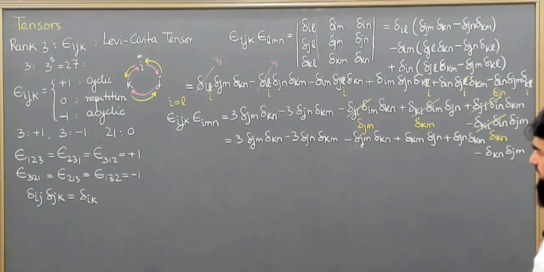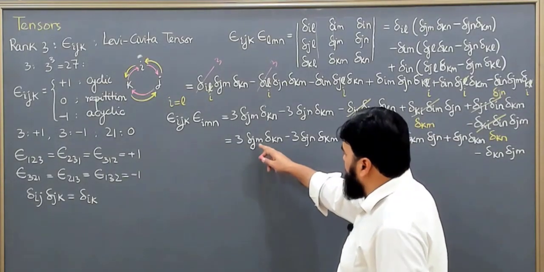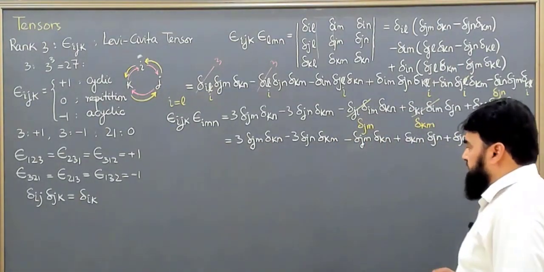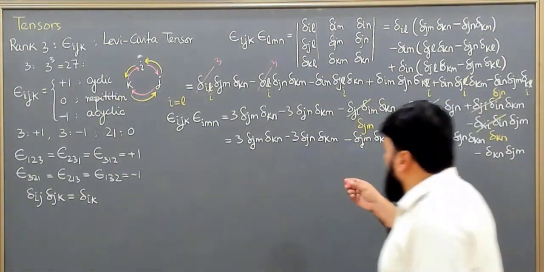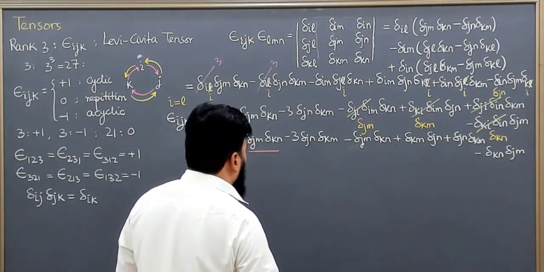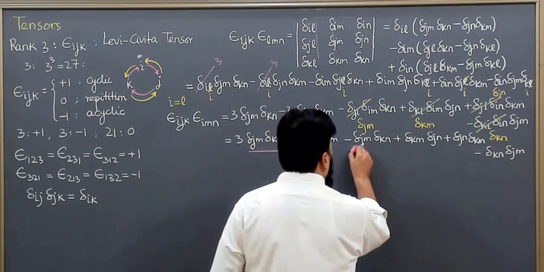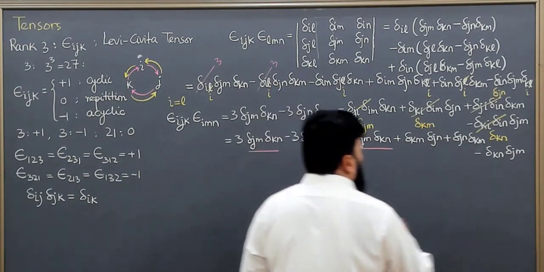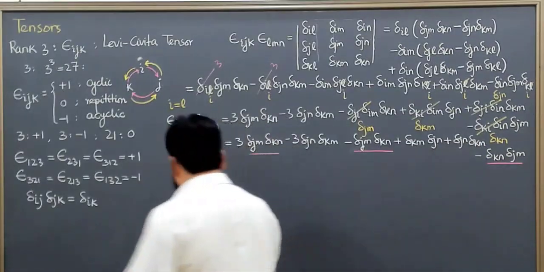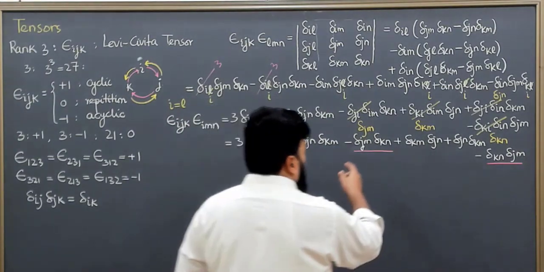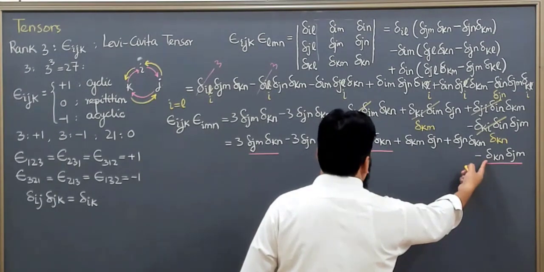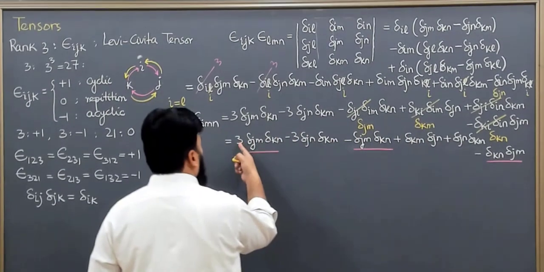Now if we look here, it doesn't matter whether Jm is earlier and Kn later, or Kn earlier and Jm later. If I look at Jm and Kn, there is Jm and Kn here and Jm Kn here. So these three terms will combine. Now this one is minus and this one is minus, which will make minus 2, and here this is 3.